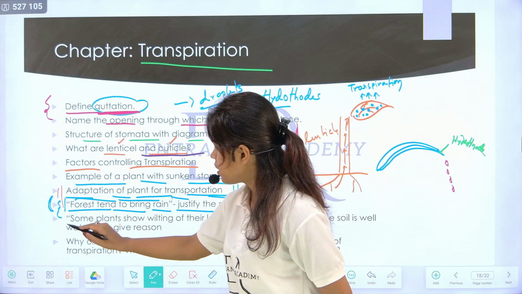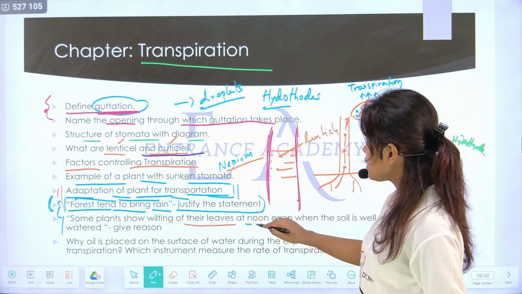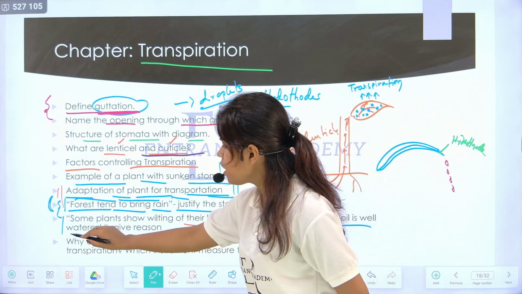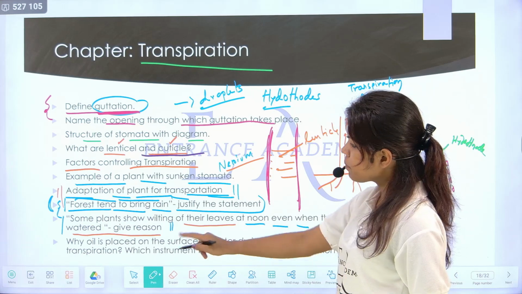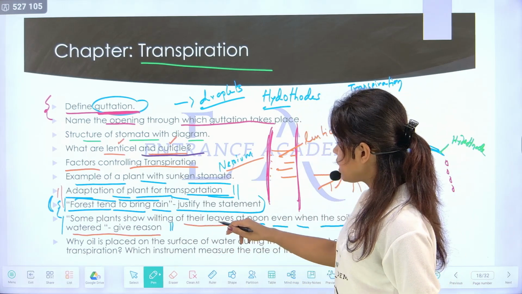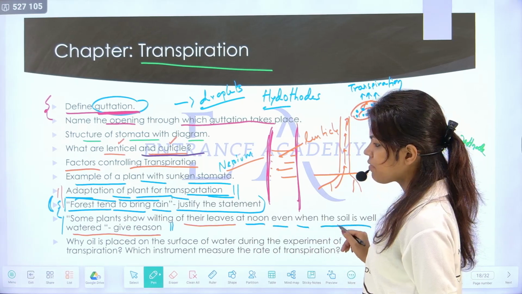Next, some plants show wilting of their leaves at noon even when the soil is well watered. Give reason. Very important question. Some plants show wilting. Wilting means flaccidity of their leaves at noon even when the soil is well watered.